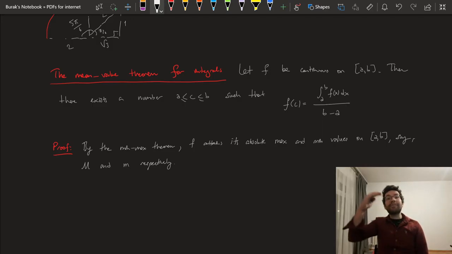Let's call the absolute maximum value, not the point where it is attained, but the value, the maximum possible value of f, big M. And let's call the absolute minimum value small m.